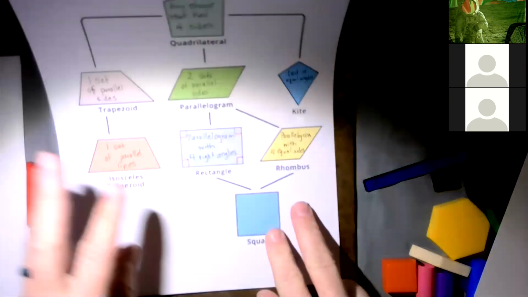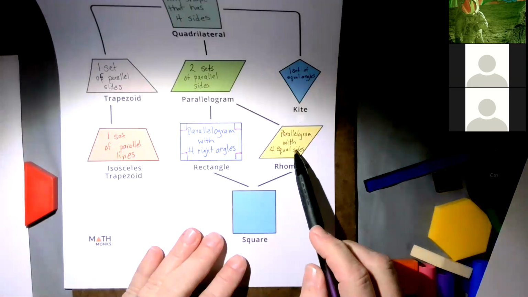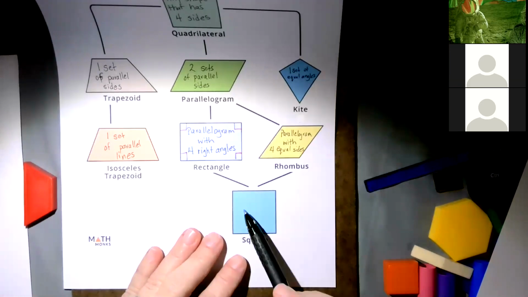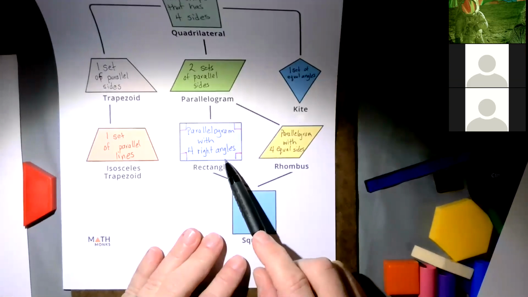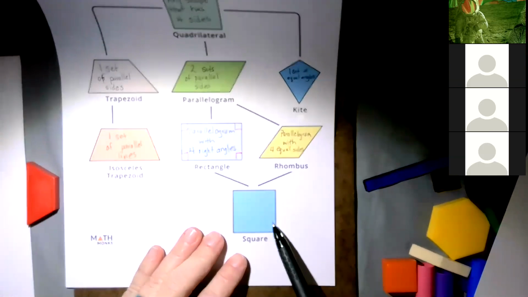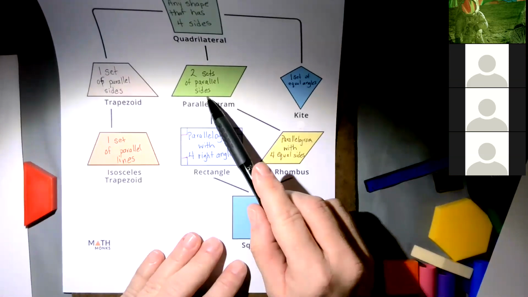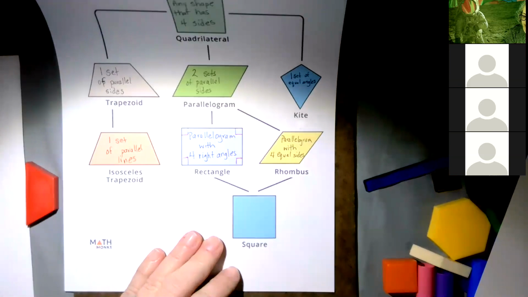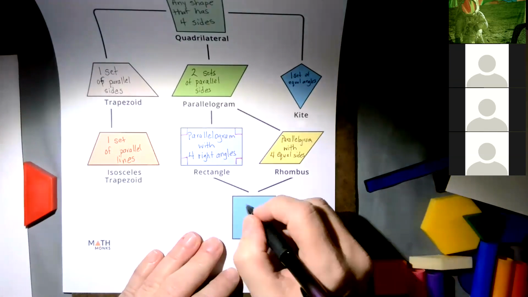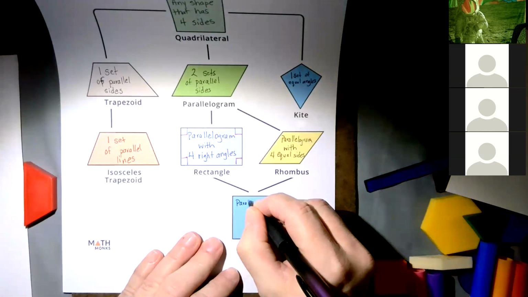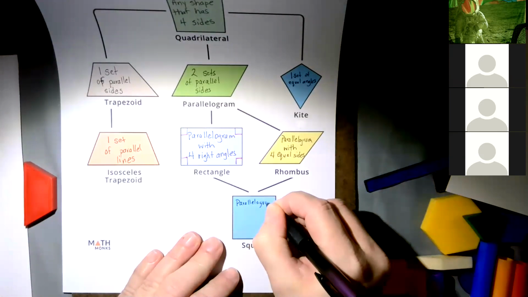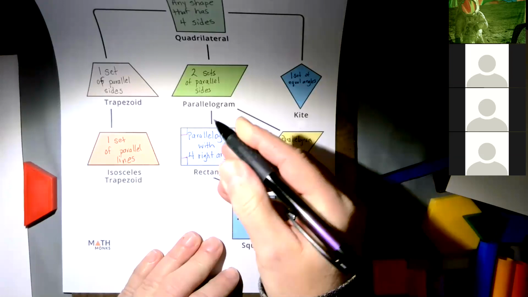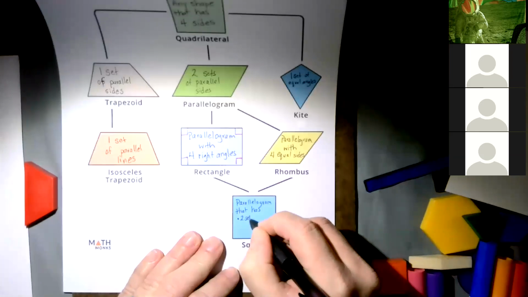Because if you look at a square, does it have 4 equal sides? Yes. Does it have 4 right angles? Yes. And does it have 2 sets of parallel lines? Yes. So that's why it can be all of those, because it is a parallelogram that has, and I'm going to bullet all of them, 2 sets of parallel lines.